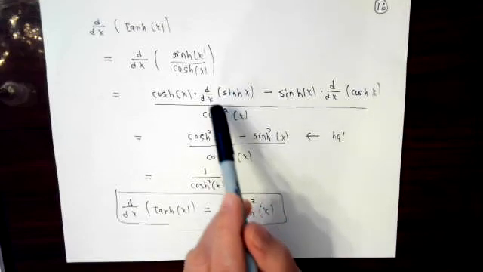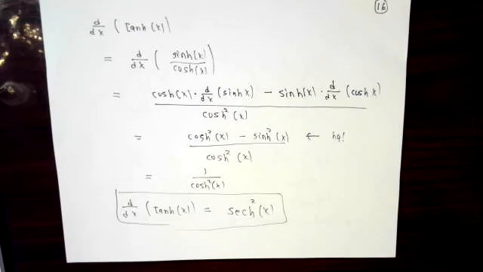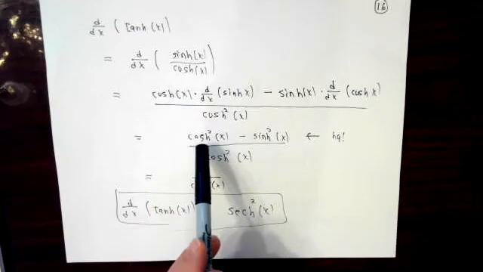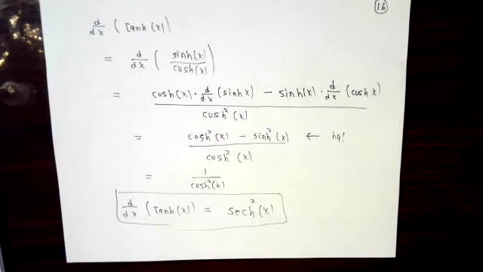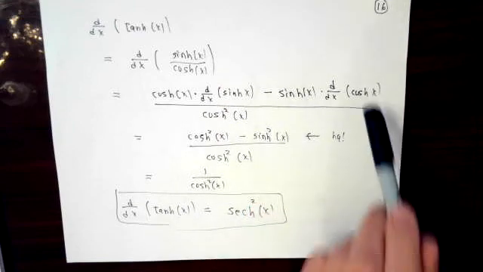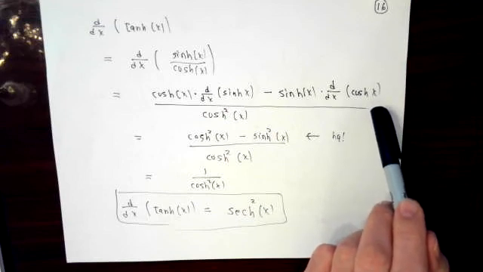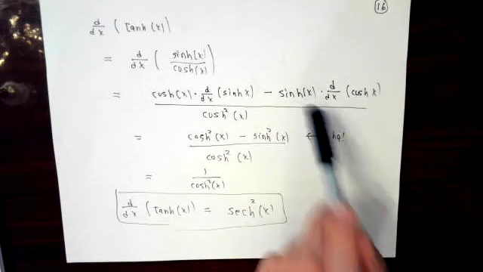The derivative of hyperbolic sine is hyperbolic cosine, so I'll have two factors of hyperbolic cosine minus the derivative of hyperbolic cosine, which is hyperbolic sine, and I already had one factor of that.